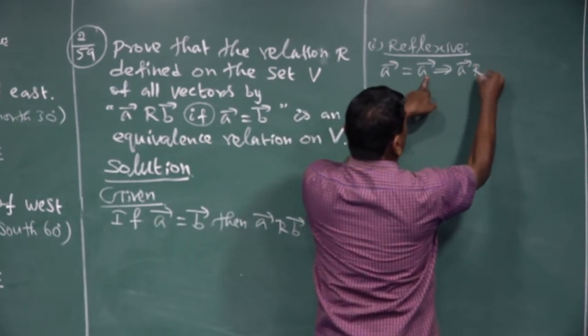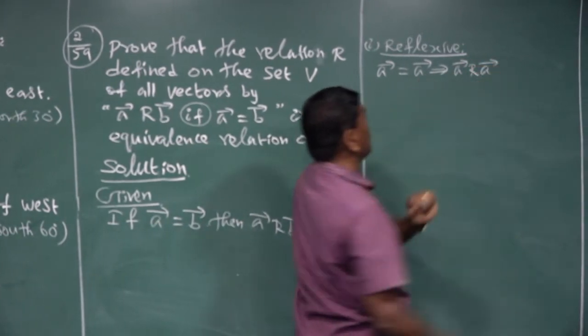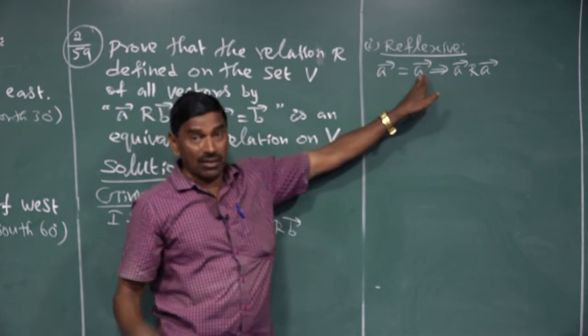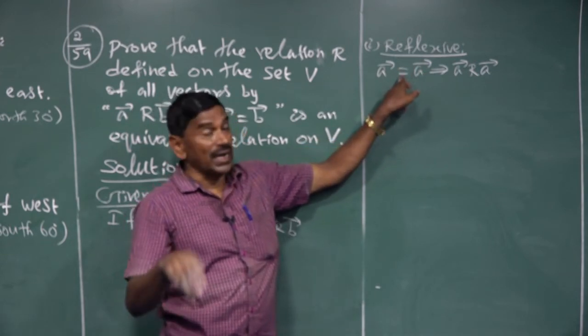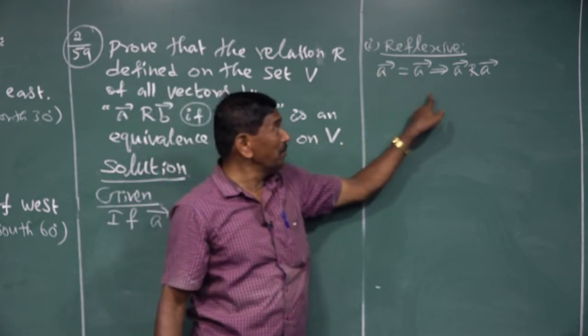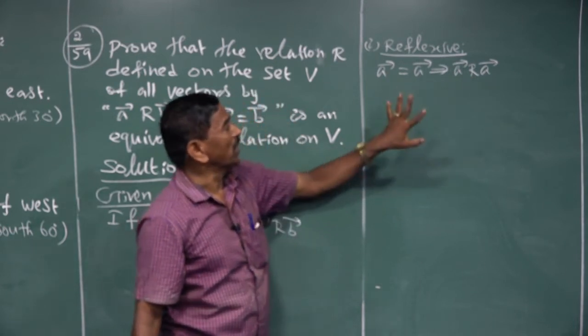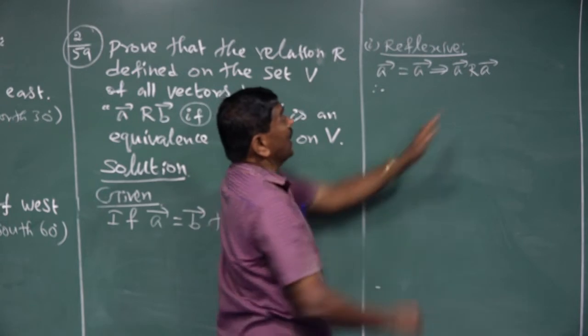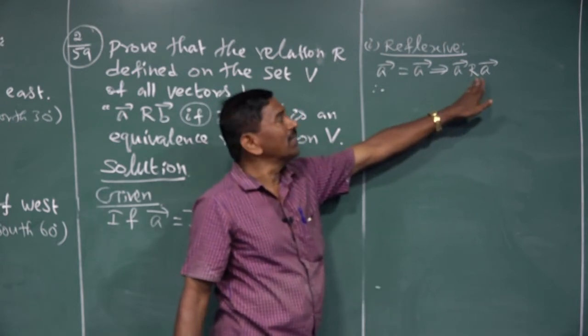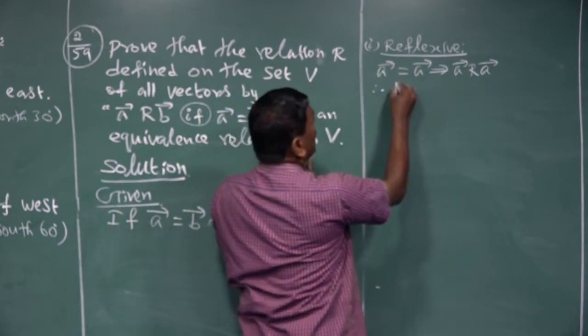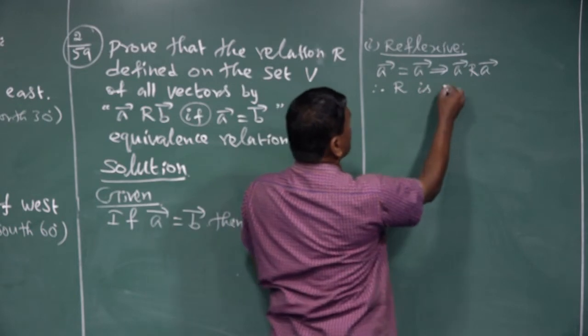That's all. A vector and A vector are equal, where equal is the relation. That is, the relation is equal. Okay. Therefore, the relation R is reflexive.